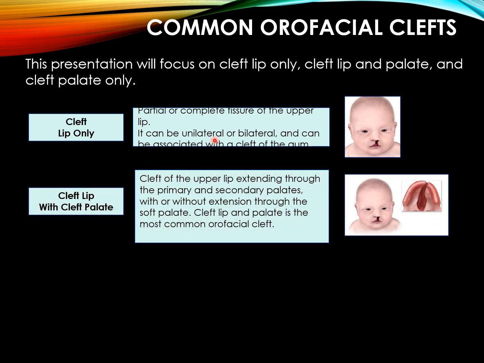Cleft lip with cleft palate is the most common subtype of orofacial clefts and is defined as the cleft of the upper lip extending through the primary and secondary palates, with or without extension through the soft palate, as seen in the second sketch.